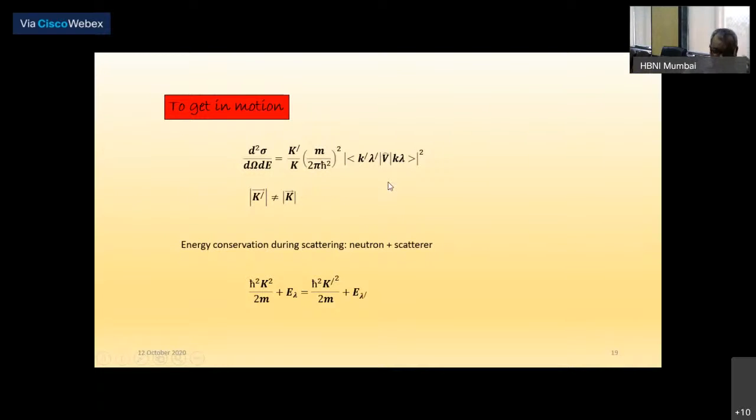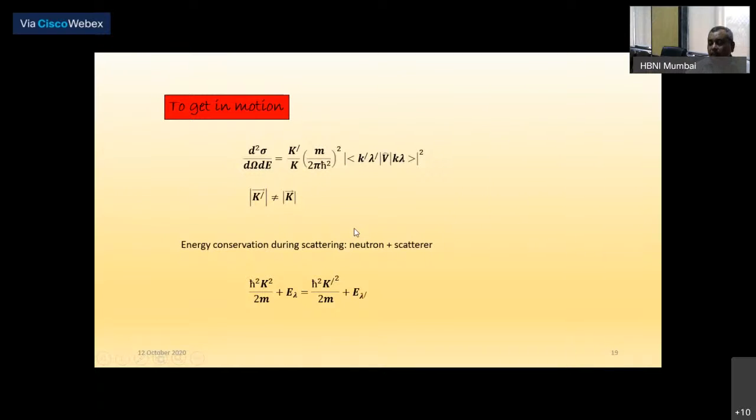So as if V is an operator, this is the typical quantum mechanical expression for the effect on a neutron going from k lambda, that means initial wave vector k, and lambda is all other things, to final wave vector k prime, lambda prime.